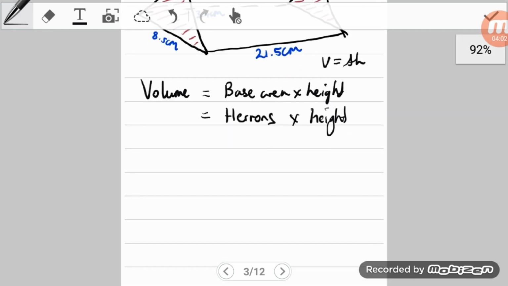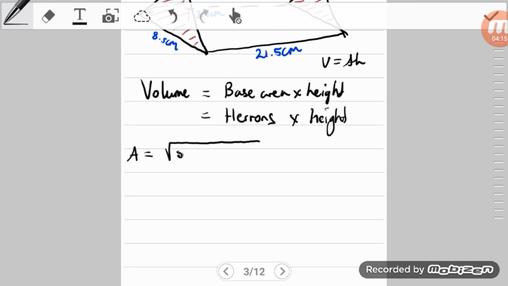We're going to have to do a little bit of extra work here, because in Heron's formula, A is the square root of the semiperimeter S multiplied by the semiperimeter minus each length.